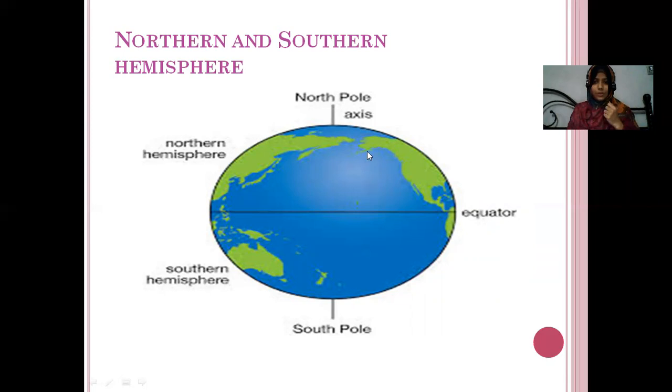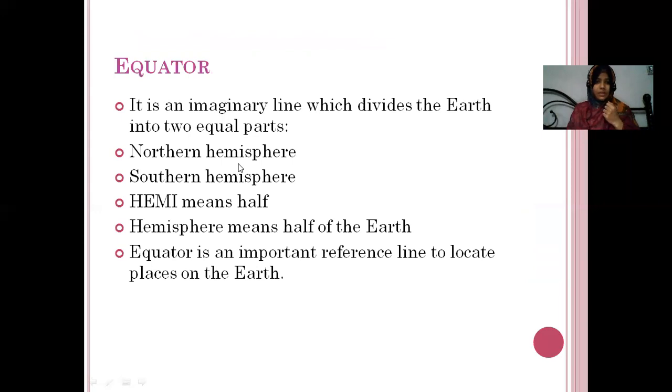This upper part towards the north pole is called the northern hemisphere, and this part towards the south pole is called the southern hemisphere. And what does hemi mean? Hemi means half. Hemisphere means half of the sphere or half of the earth. Equator is a very important reference line to locate places on the earth.